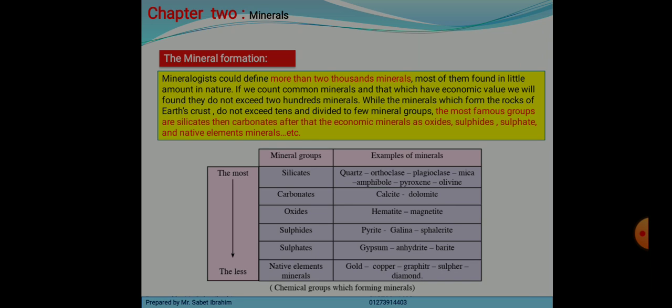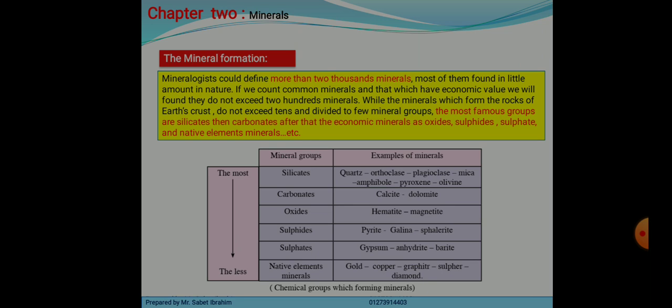If we count common minerals which have economic value, we will find they do not exceed 200 minerals, while the minerals which form the rocks of the crust don't exceed tens and divide into a few mineral groups. The most famous groups are as follows.